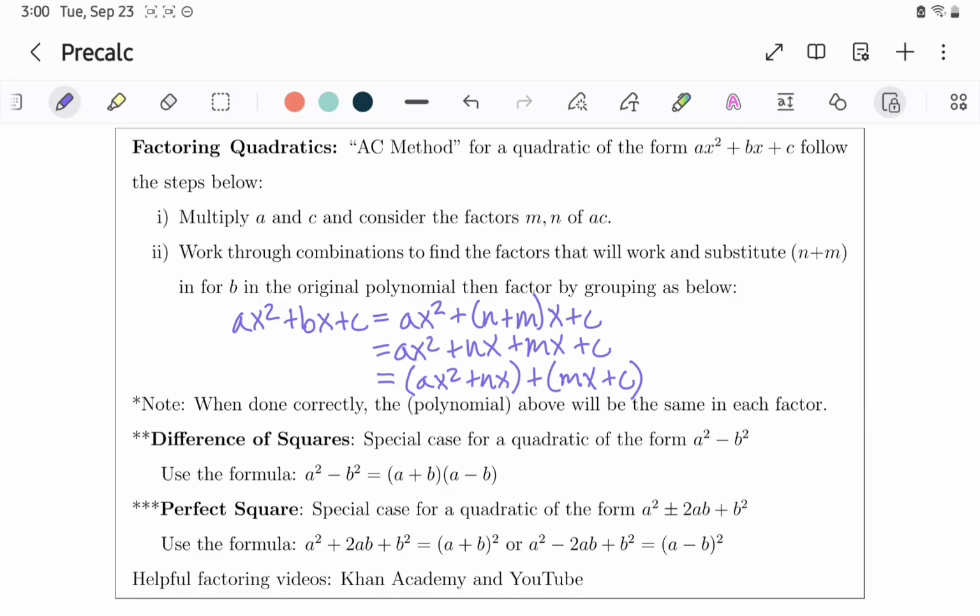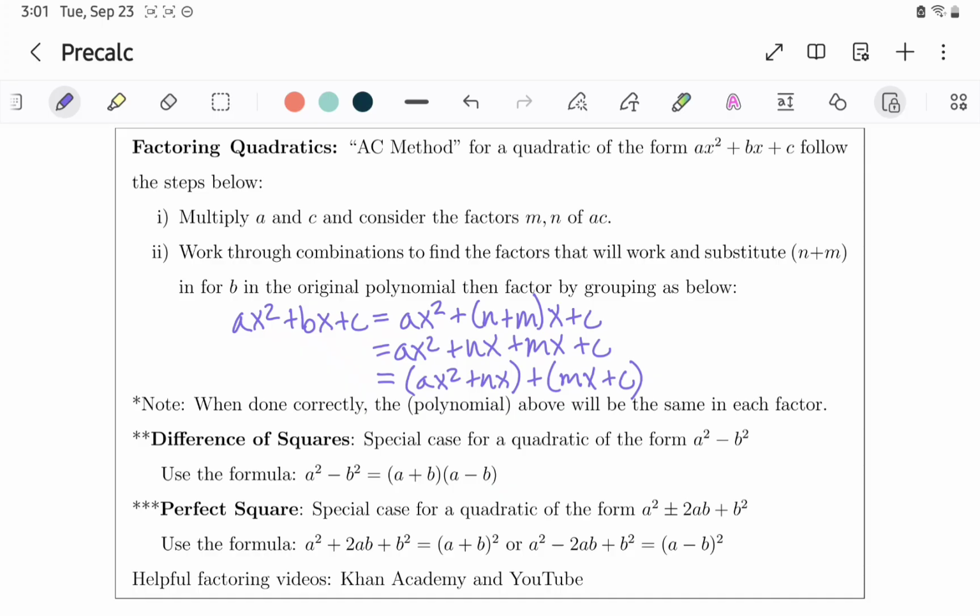And so on top of the AC method, we have a few different formulas that will also help us factor some quadratic expressions quickly. So if we ever have a quadratic expression of the form a squared minus b squared, then we can use the difference of squares factorization formula. So a squared minus b squared is equal to a plus b times a minus b.